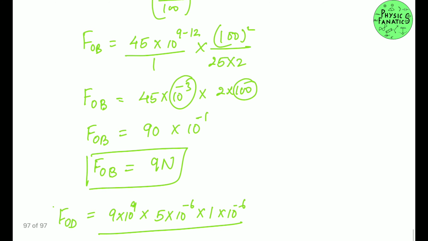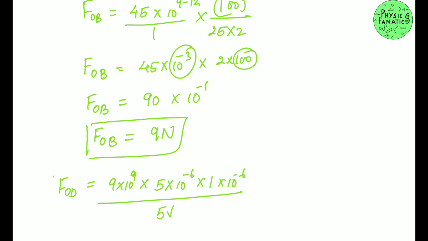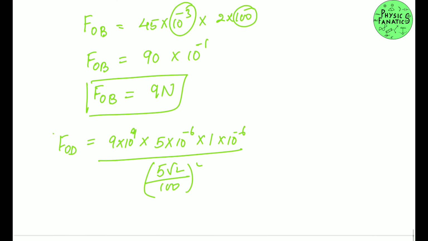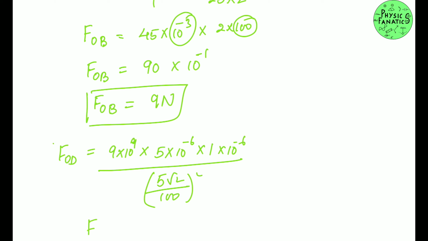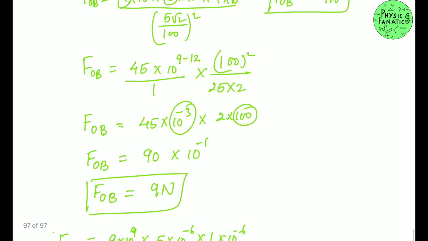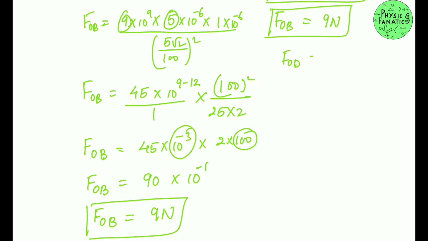Again I think you will get the same value, 5 root 2 divided by 100 whole square. Actually you will get the same value as your FOB. So your FOD will also be 9 Newton. So you get FOD is equal to 9 Newton.